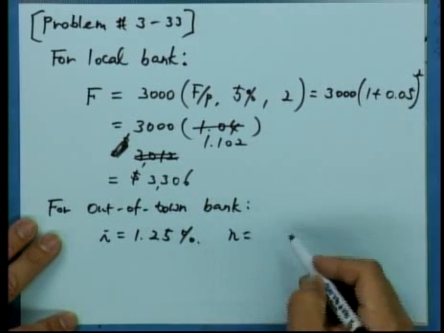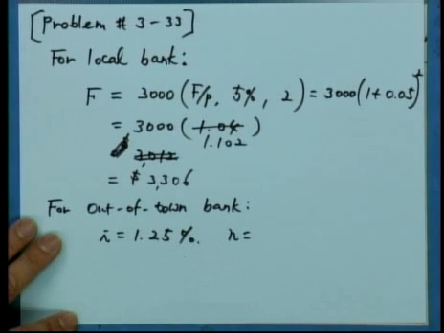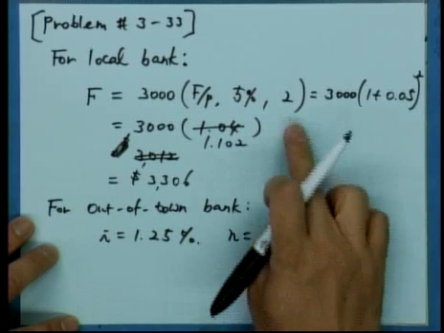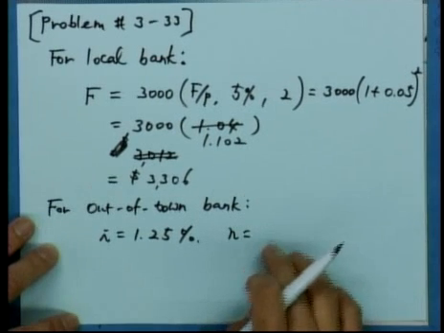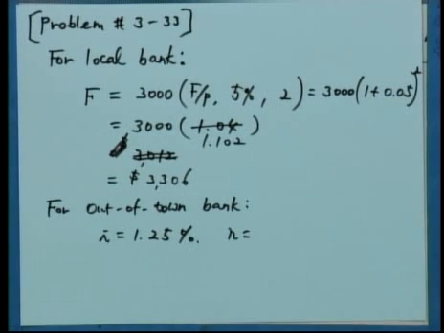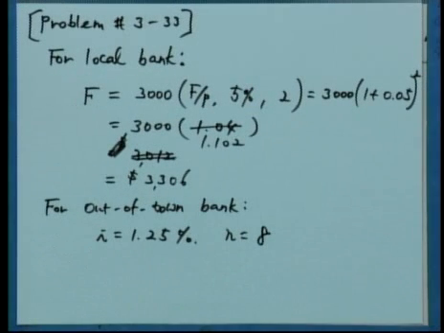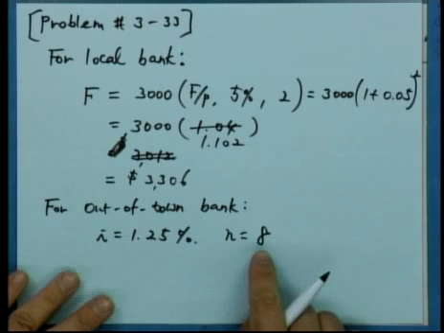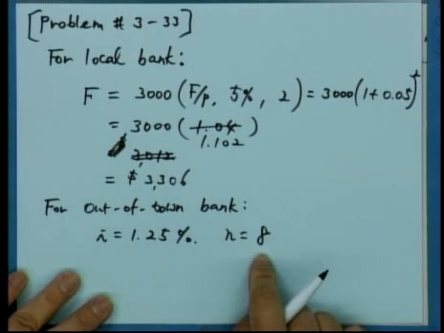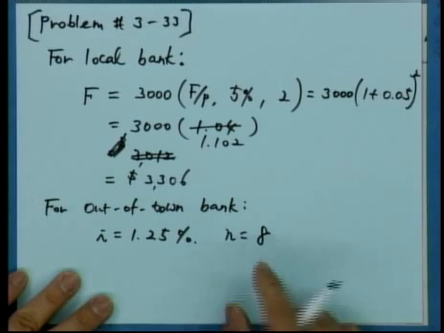Then what about the number of periods, n, in this case? It's not going to be 2, right? Then what number do we need to use? It's going to be 8. Why is that? Because there are 8 quarters in 2 years.